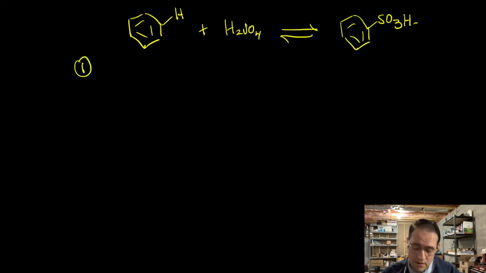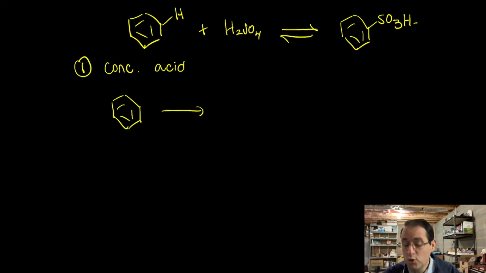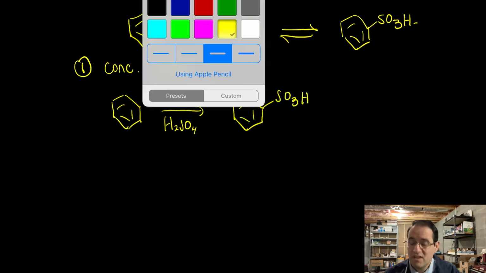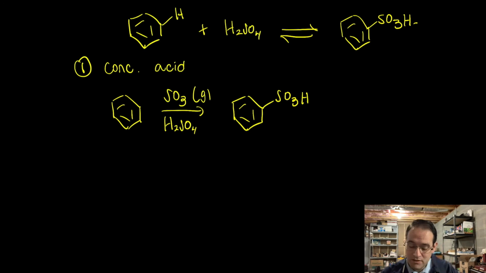If you do this in concentrated acid, fuming sulfuric acid is SO3, which is a gas, and H2SO4, and this forms benzene sulfonic acid.